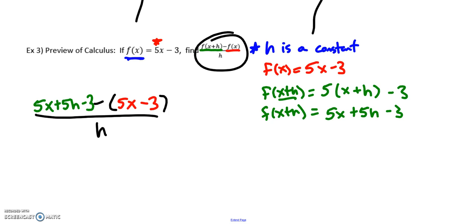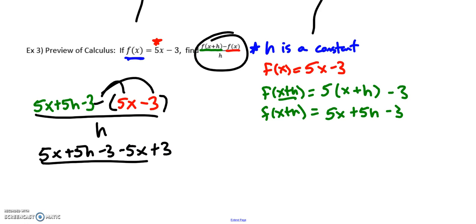And now I simplify. So that involves some distribution there. I get 5x plus 5h minus 3, that doesn't change, minus 5x plus 3 all over h. When I look at this, there's a lot of nice things that cancel out, which should always happen with these difference quotients.